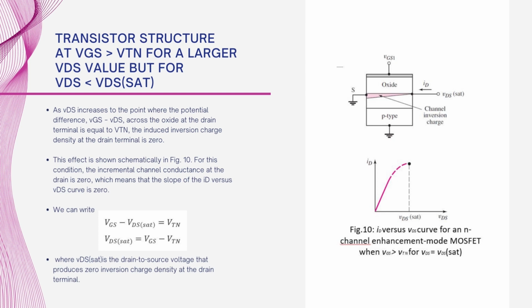So, VDS saturation is the drain to source voltage that produces 0 inversion charge density at the drain terminal. This figure shows the VDS curve when VGS is greater than the threshold voltage and the drain terminal has the saturation value.